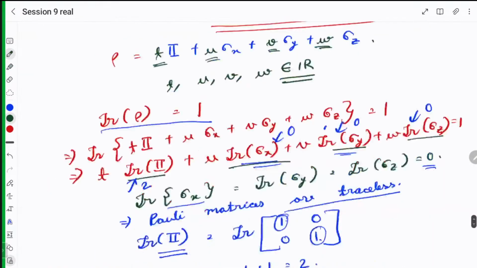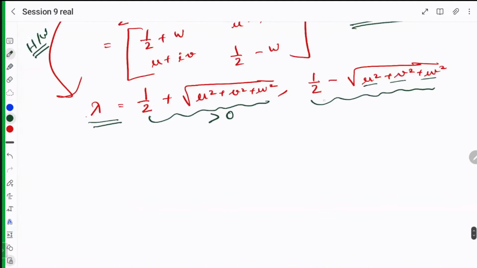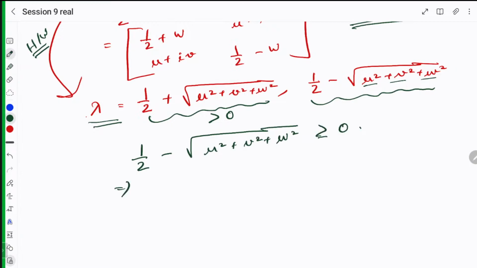That means this eigenvalue, half minus root of U squared plus V squared plus W squared, has to be greater than or equal to 0. And if you solve this, you get U squared plus V squared plus W squared less than or equal to 1.